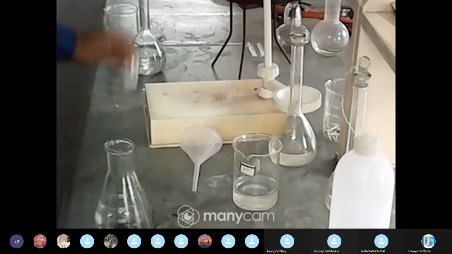Just observe it. This is the weighing bottle and I have weighed 1.325 gram previously.